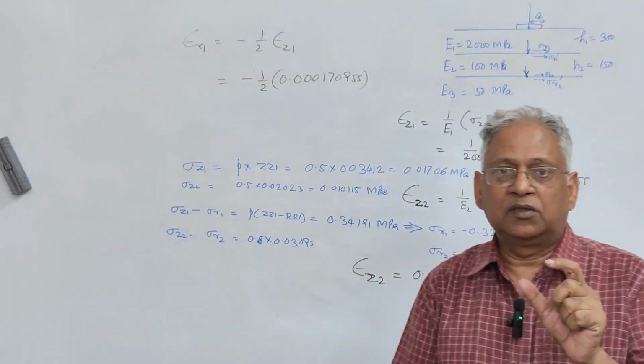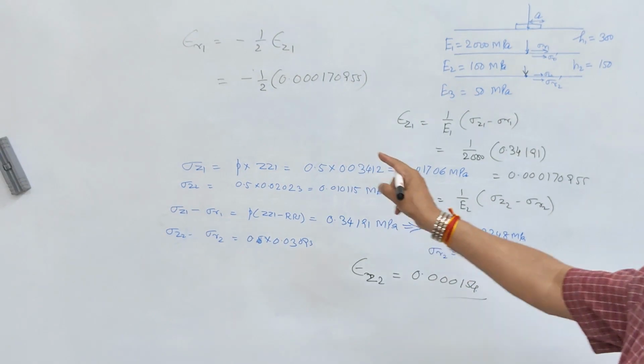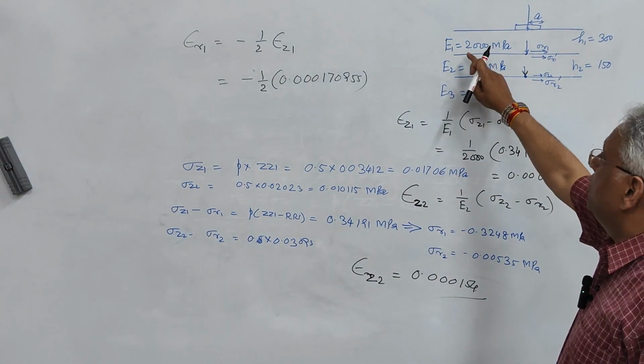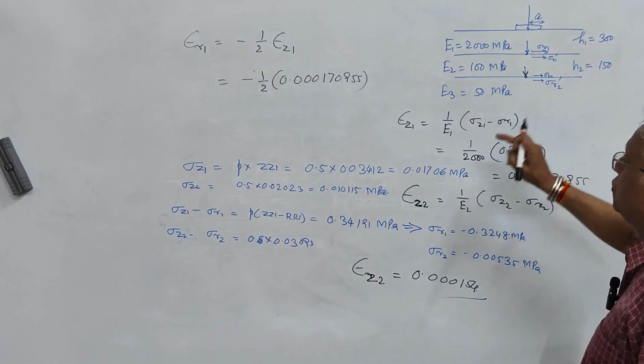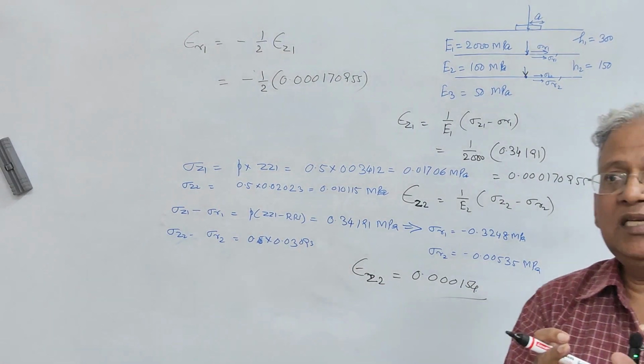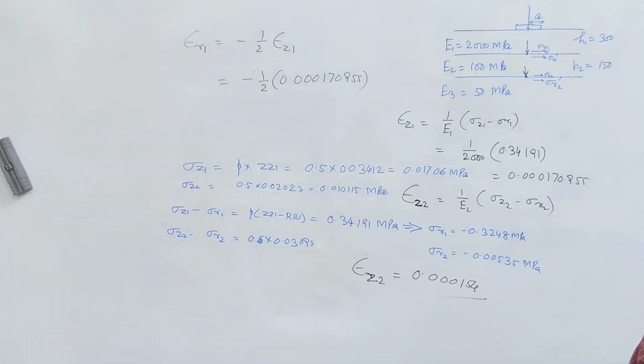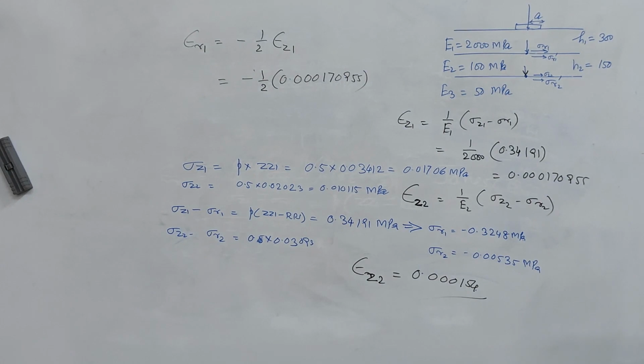But one thing you should note here, that in this example we have taken values of E1, E2, E3, H1, H2 in such a manner that these 4 ratios K1, K2, capital A and capital H are exactly the same as what is given in the table.